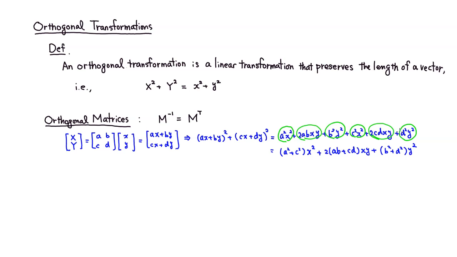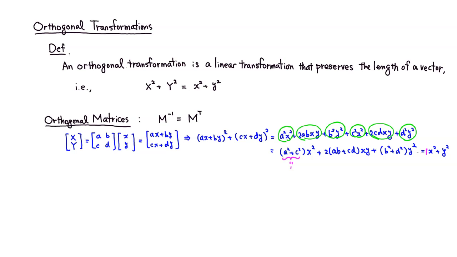All right. Then we know that this has to be equal to the right-hand side, which is x squared plus y squared. So by comparing the coefficients, we know that a squared plus c squared has to be equal to 1.